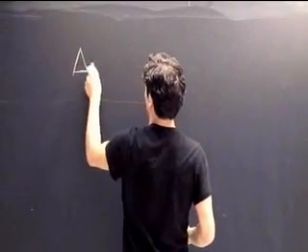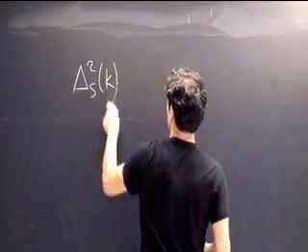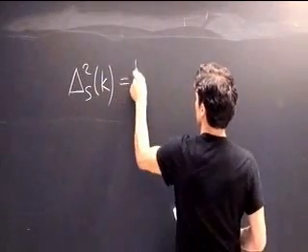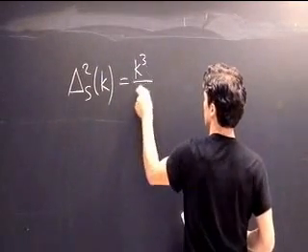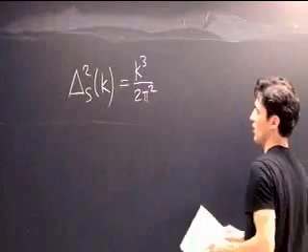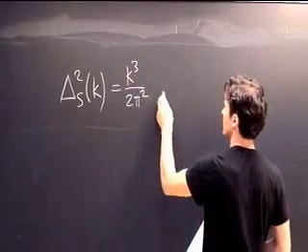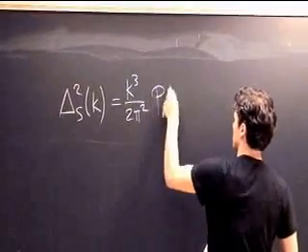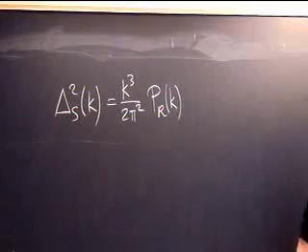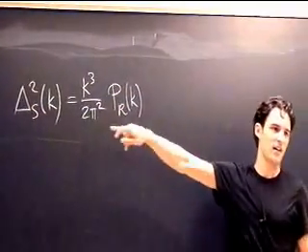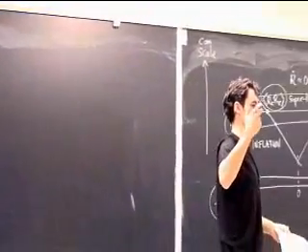Just to remind you of the final result from last time: the spectrum of scalar fluctuations, which was defined as k cubed over 2 pi squared times the power spectrum of this curvature fluctuation. And this 2 pi squared, I explained in the appendix, depends on your Fourier conventions.